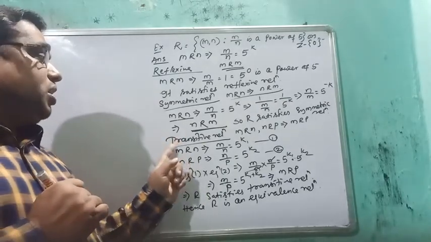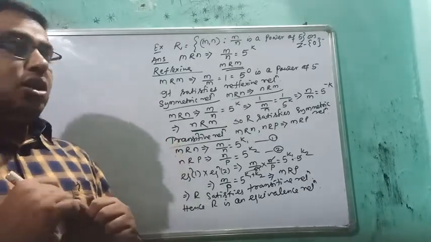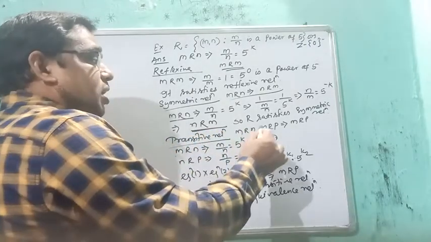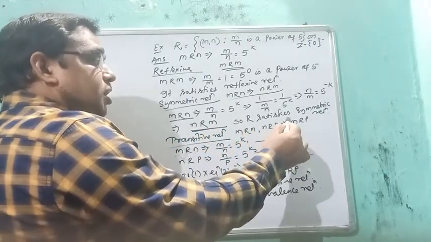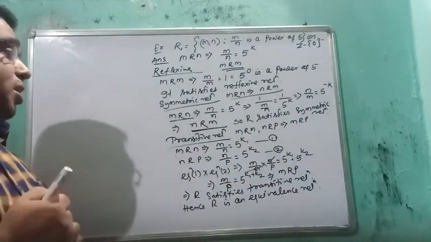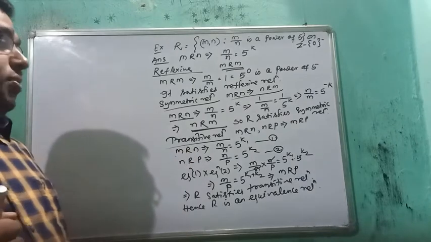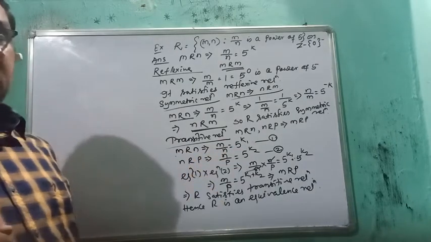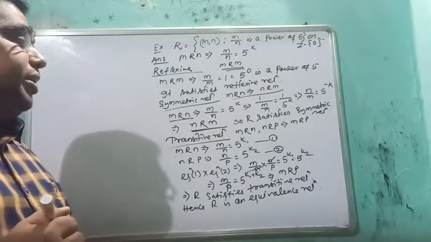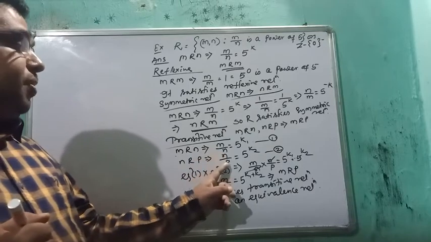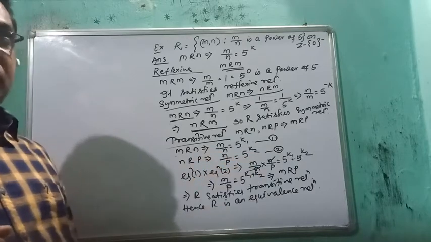Again, we have to verify the transitive relation. What is the transitive relation? If m is related to n and n is related to p, we have to verify that m is related to p. So m is related to n means m/n is a power of 5, that is 5 to the power k1. n is related to p means n/p is equal to 5 to the power k2.